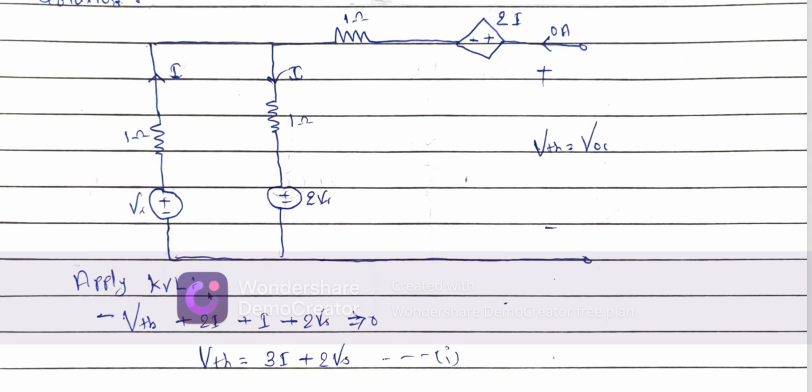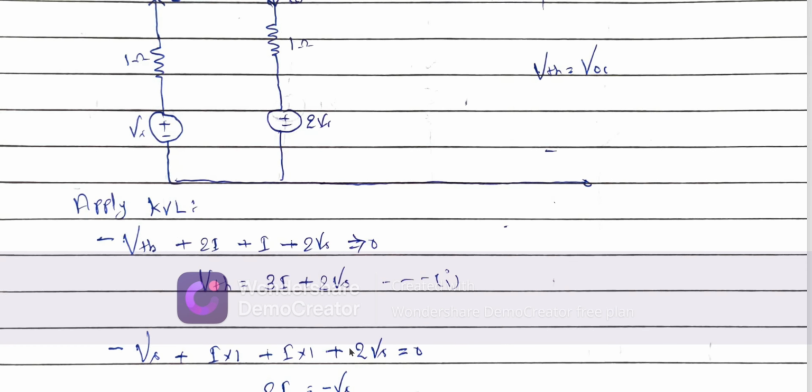As I said earlier, I is moving in this loop and this loop. So if you apply KVL: minus VTH plus 2I plus I plus 2Vs is equal to 0, so VTH is equal to 3I plus 2Vs. Assume this is equation number 1.